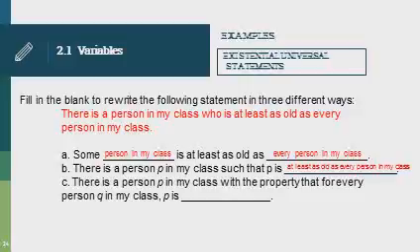Okay, letter C. There is a person P in my class with the property that for every person Q in my class, P is at least as old as Q. Kalimitan kasi when it comes to statements, ang kalimitan dyan na ginagamit na variables is P, Q, R, S. Kung sa algebra, ang kalimitan ginagamit is X, Y, Z. Dito naman is more on PQRS yung ginagamit.